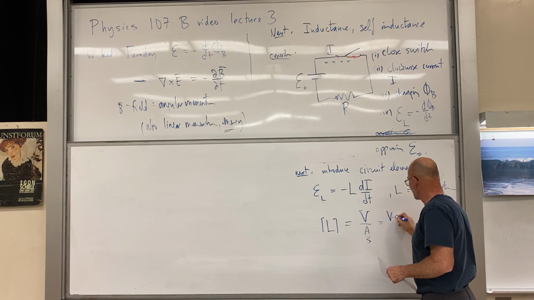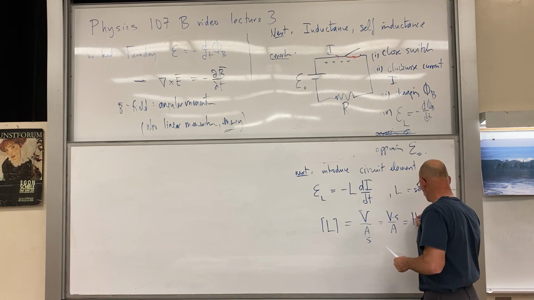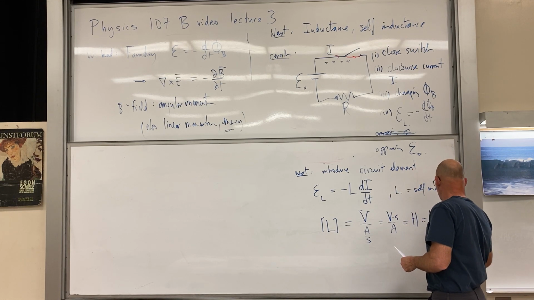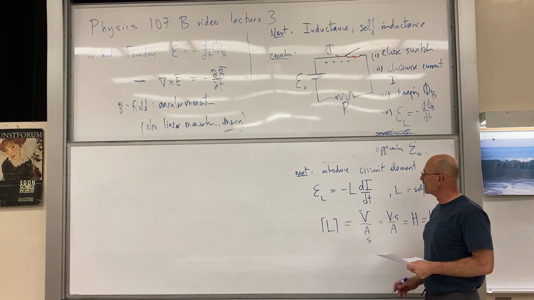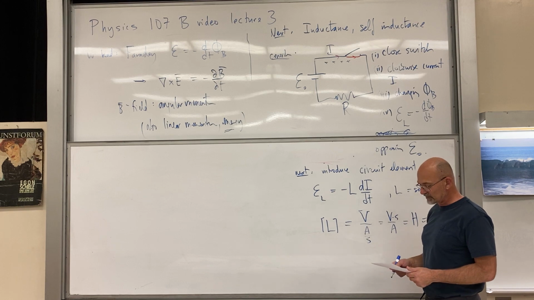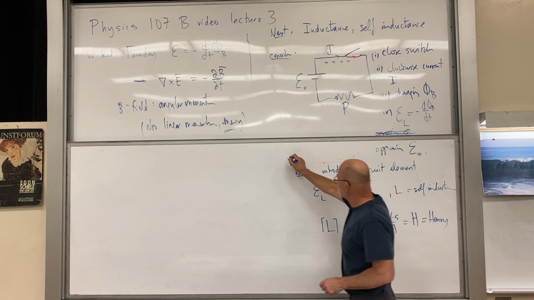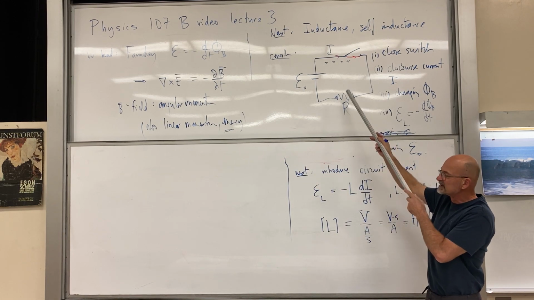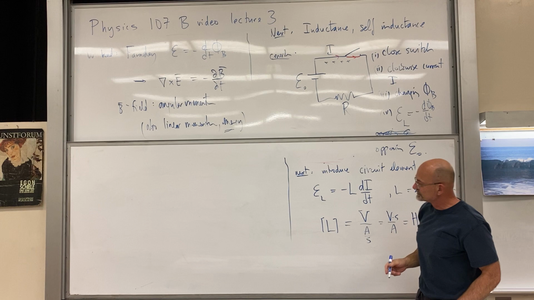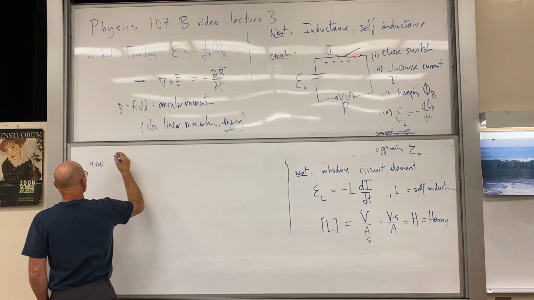So that's volts times seconds per ampere, and that is the Henry. Okay, so there's our unit, just in standard SI units. So what we do now is introduce that circuit element into this circuit since it's intrinsically there. So let's redraw the circuit.